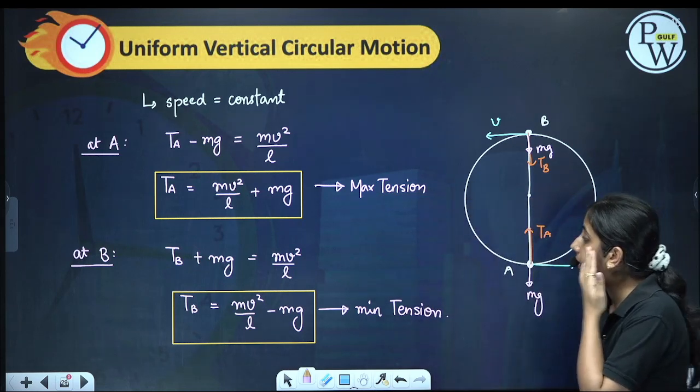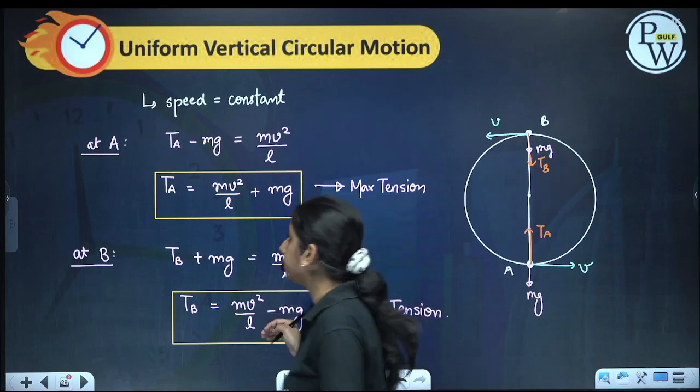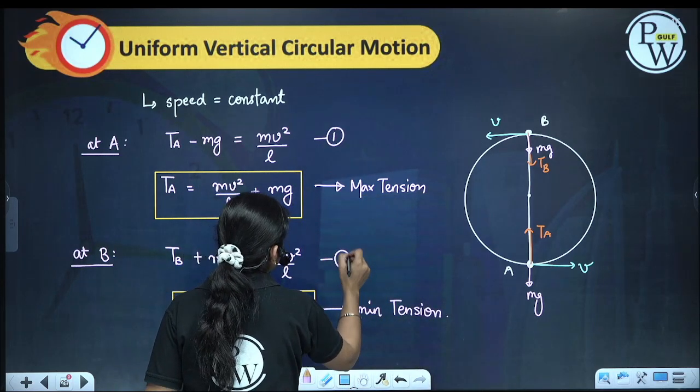Now if we add these two equations, name them equation number 1 and equation number 2.